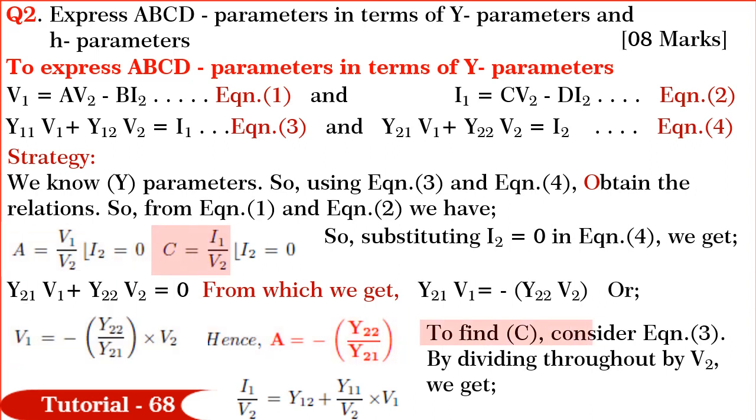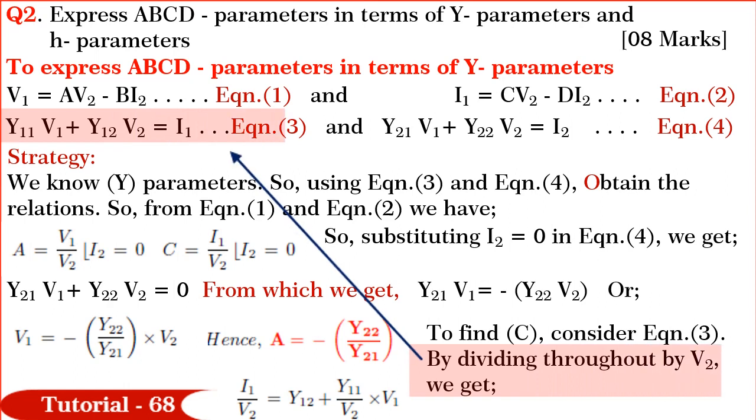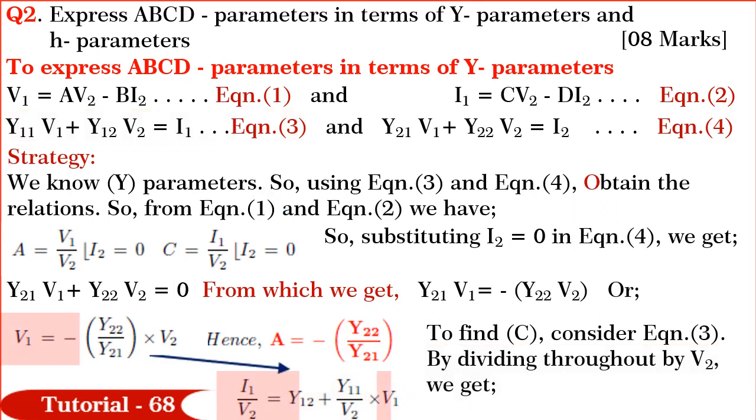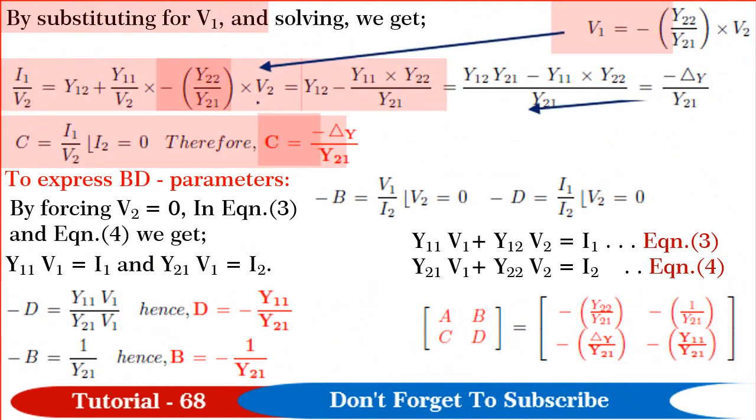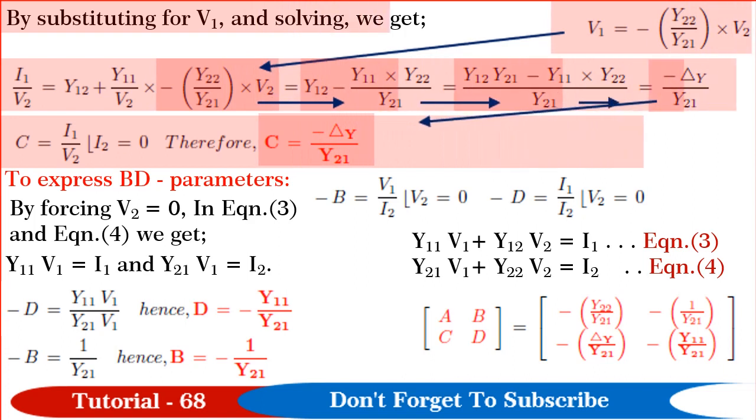To find C parameter, consider equation 3. By dividing throughout by V2, we get I1 by V2 is equal to Y12 plus Y11 divided by V2 into V1. Friends, by substituting for V1 and solving, we get C is equal to minus delta Y divided by Y21.